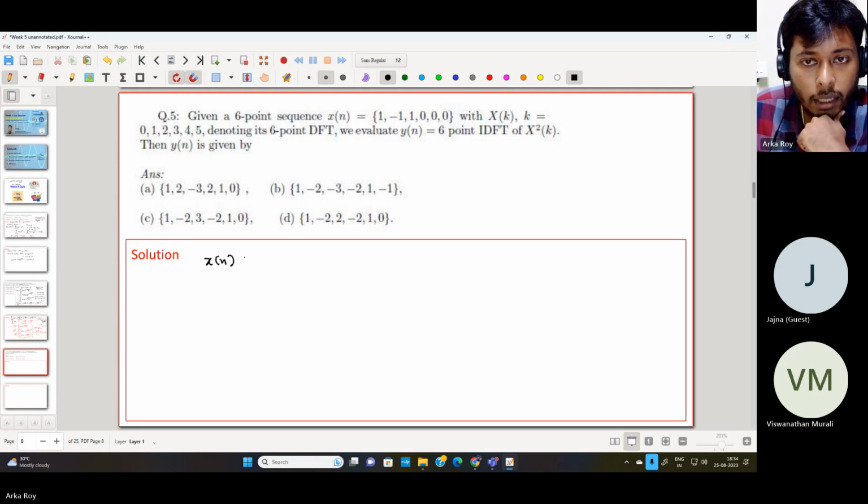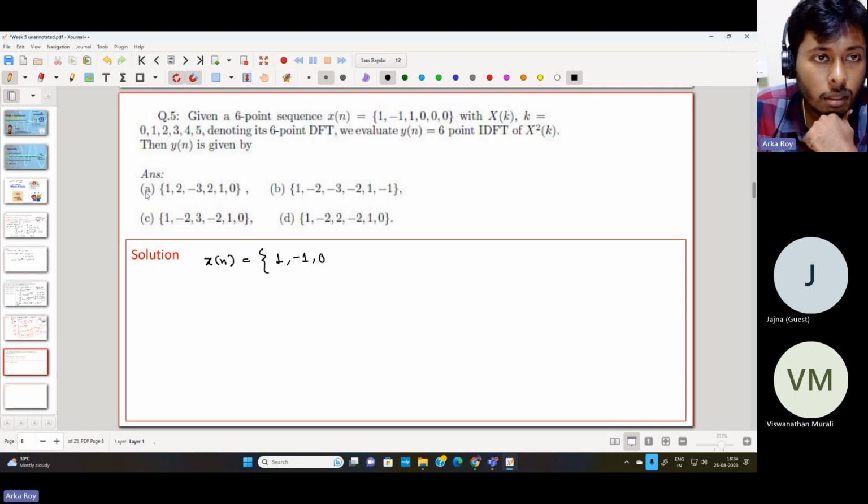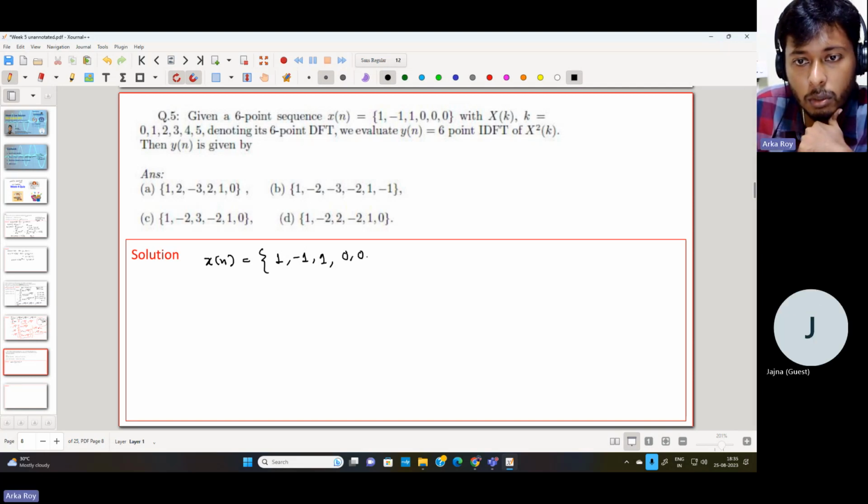So n equals, 1, minus 1, then there is another 1. So this is 1, then 0, 0, 0. And k is running from 0, 1, 2, 3, 4, and 5.